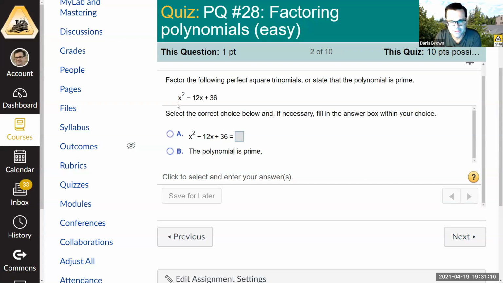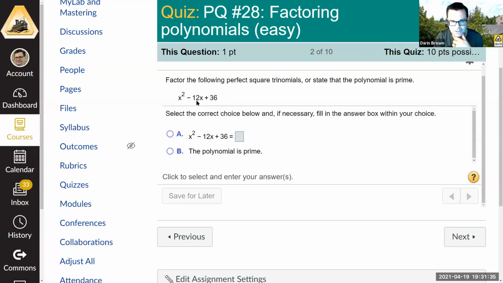All right, so this is 3 terms. Now remember, with 3 terms, your first instinct is going to be to try to do it as the product of 2 binomials, using guess and check. You could do that here, but you should always check for a perfect square trinomial first. You've got x squared, 6 squared, and 6x.